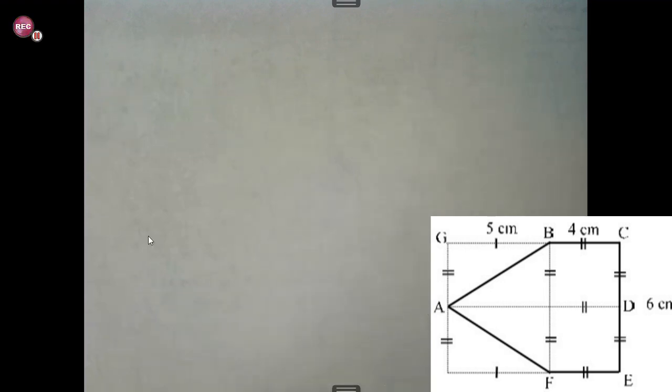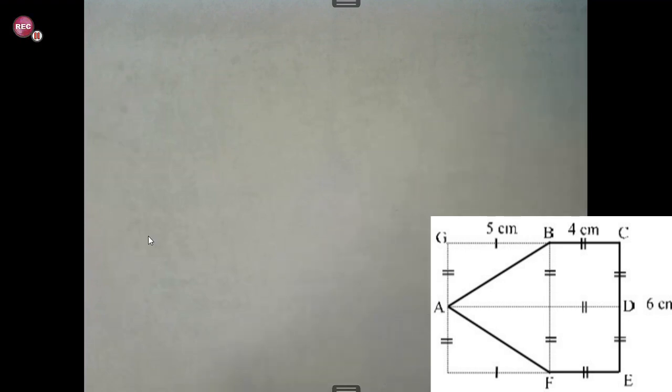So the first thing that you need to understand is that you need to go and check which sides are equal to one another, which sides I can get measurements for, or where I must do calculations, etc. So you will obviously pick up that side GA in this question is 4 centimeters, because of the indications that were given to you with regards to that shape.